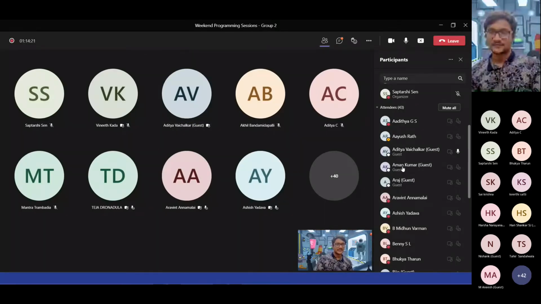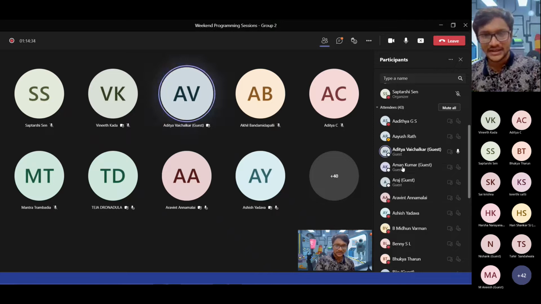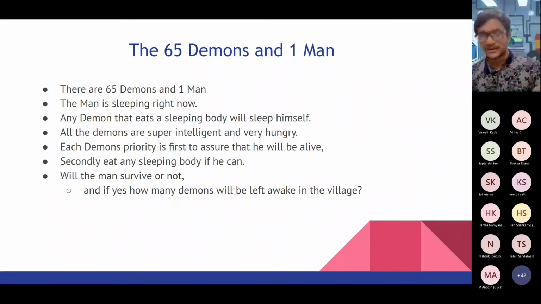Would one demon eat the man? Many demons can't eat the man at once. Only one demon can eat a sleeping body at once.